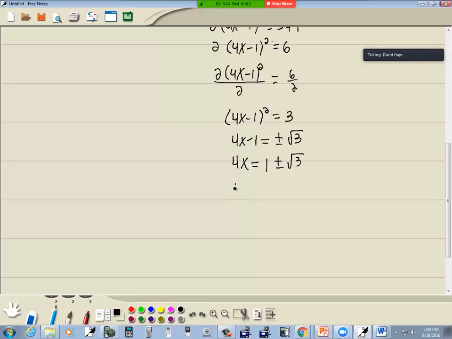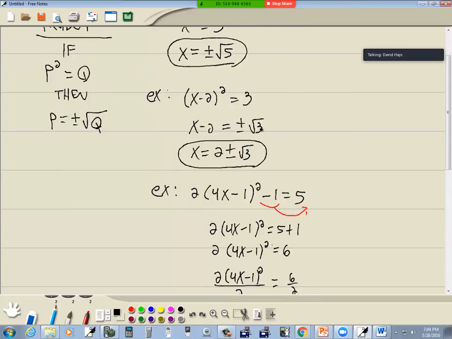And then we divide both sides by 4. And we get 1 plus or minus square root of 3 over 4. Those 4's would cancel. So that would be our answer. Now once we look at the quadratic formula, I'll talk more about some simplifying techniques once you get down to this point. But that was the square root property.